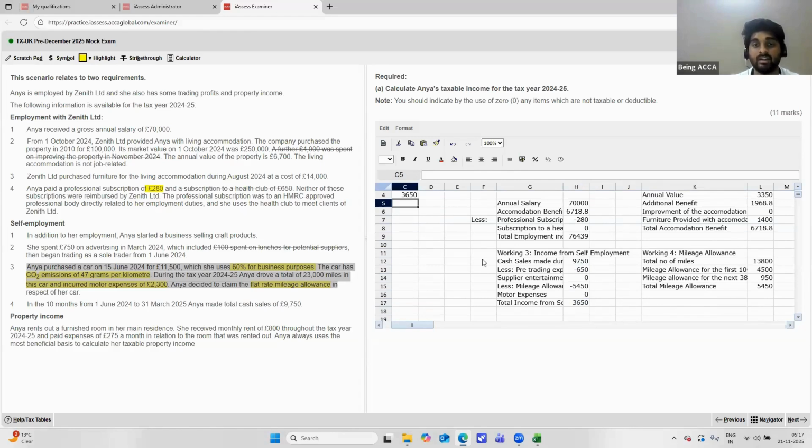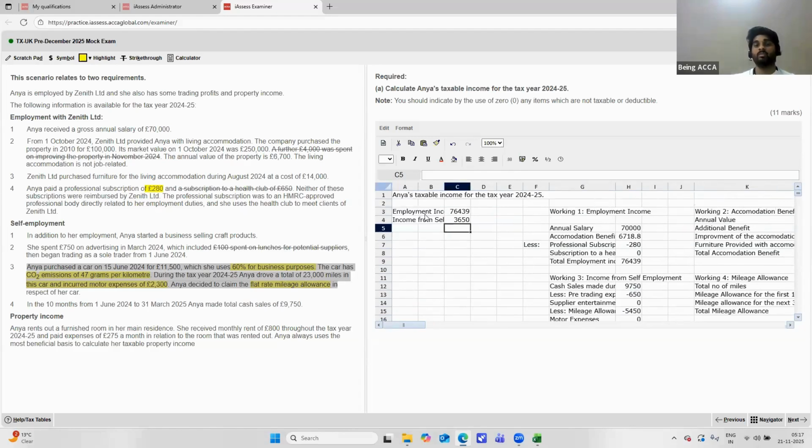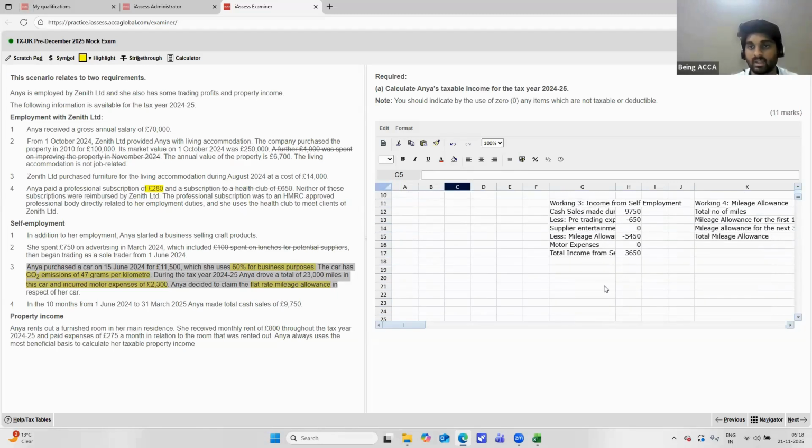All right, now we have calculated your employment income and your income from self-employment. Next comes your property income. Show it again as a working 5. And how do you calculate your property income? Working 5, property income.